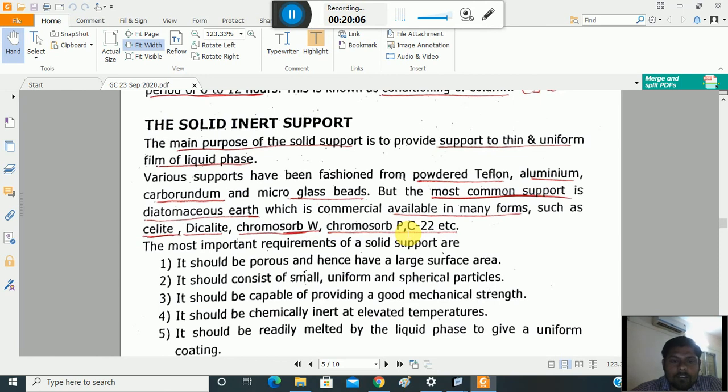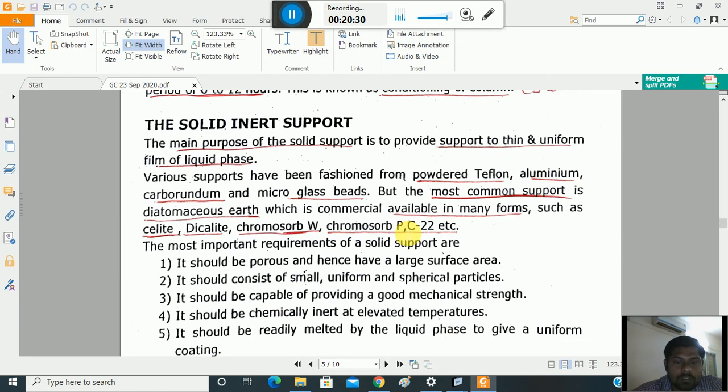The simple meaning of diatomaceous earth is that it is a porous material, like a honeycomb. It has many pores on the surface of that material. So that kind of porous surface material is known as diatomaceous earth, which is brought from the surface of oceans.